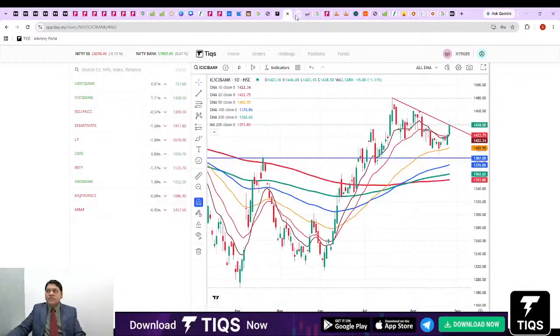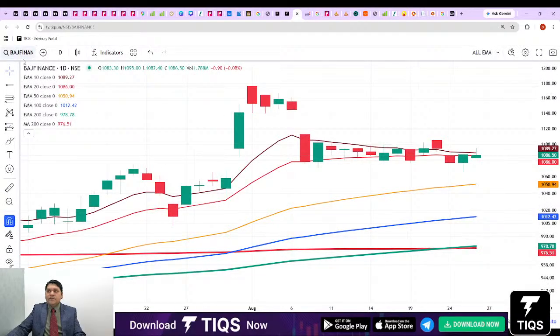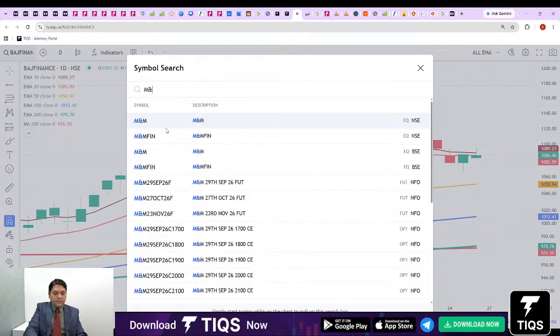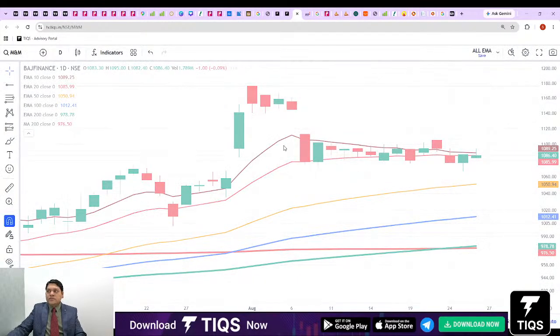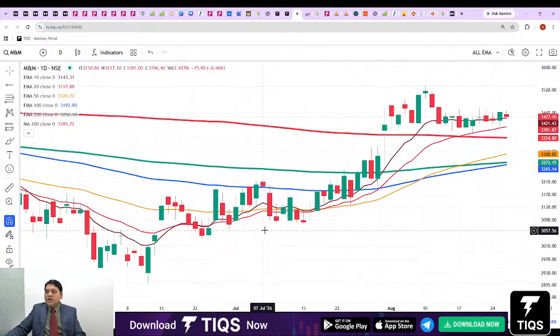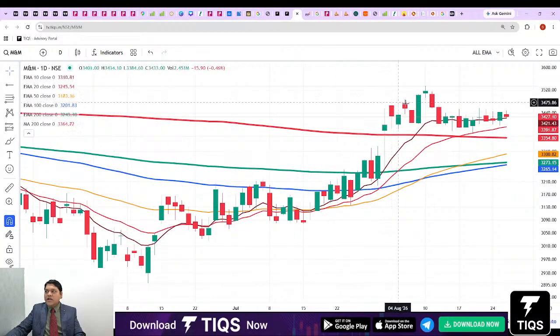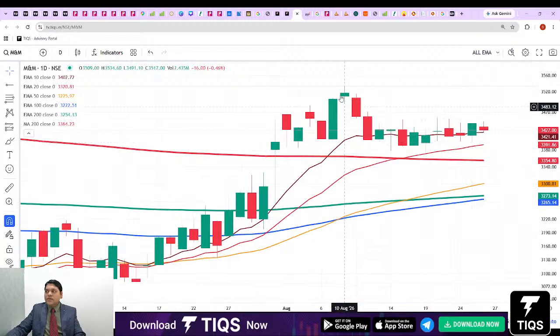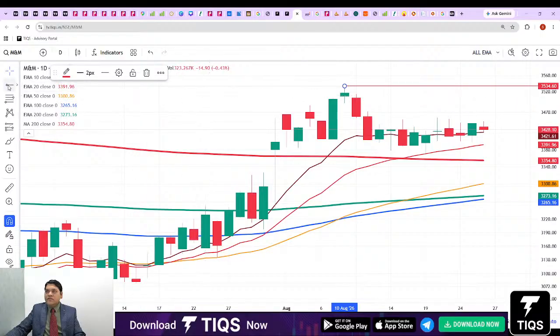The last one is Mahindra and Mahindra, M&M. So currently you can see it is in a very jumbled state, it is trying to change the trend from down to up. Currently in structure you can see it is making higher lows, but the current structure is sideways to down, and you can see this is the range.